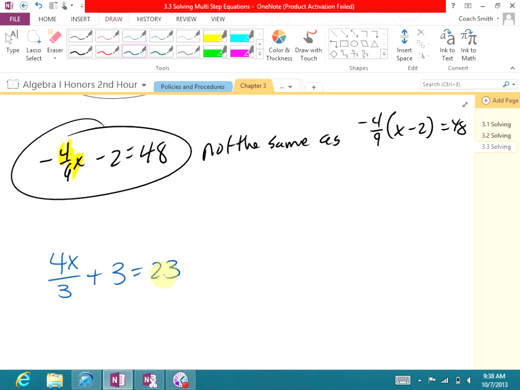Okay? Let me make sure here. All right. The first way is this. I can take that right there, and I'm rewriting it because I want to show you what I'm going to do here. I can take and multiply everything in here by 3.